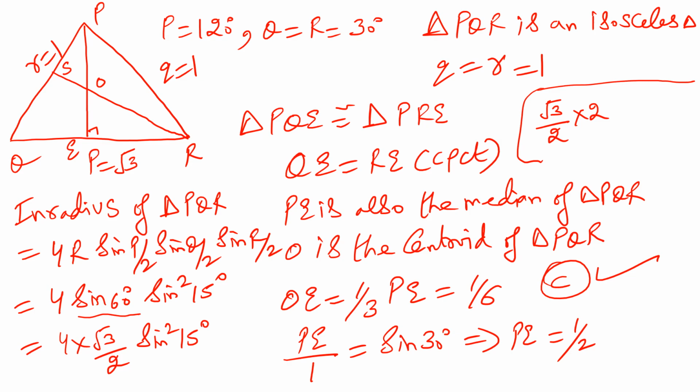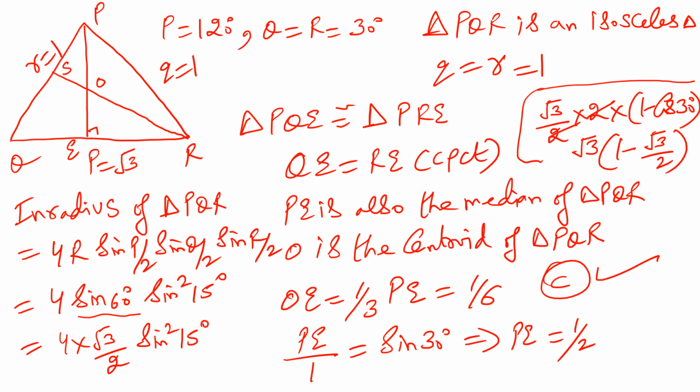And 2 sine square 15 degree can be written as 1 minus cos 30 degree. Right? I have used the formula 2 sine square theta equal to 1 minus cos 2 theta. Now, with the help of this, what I get? I get this as √3 into 1 minus √3/2.